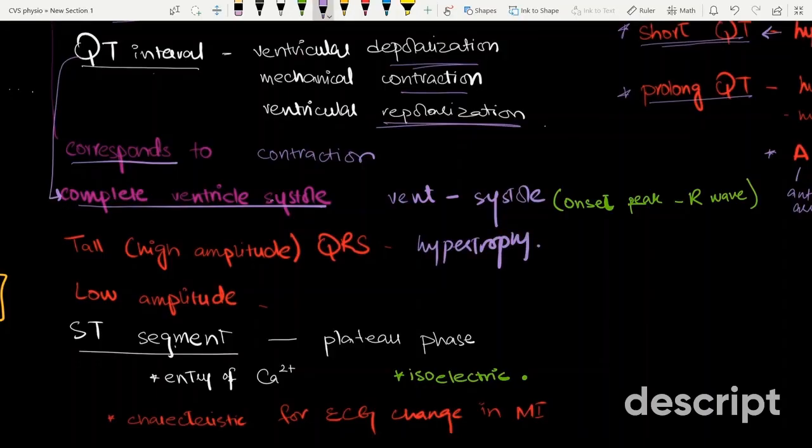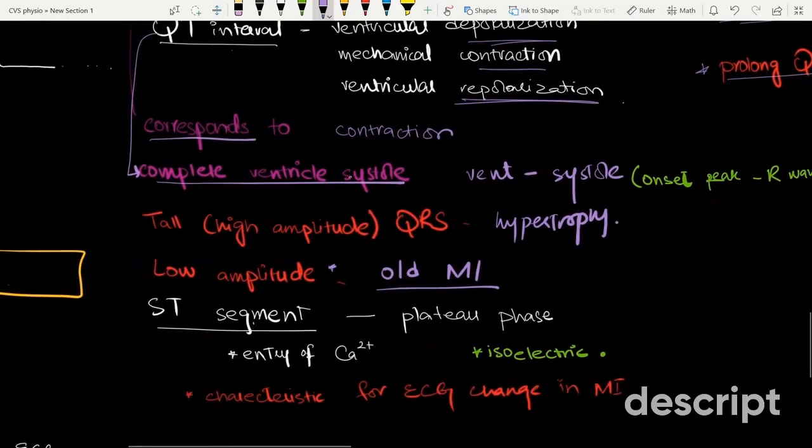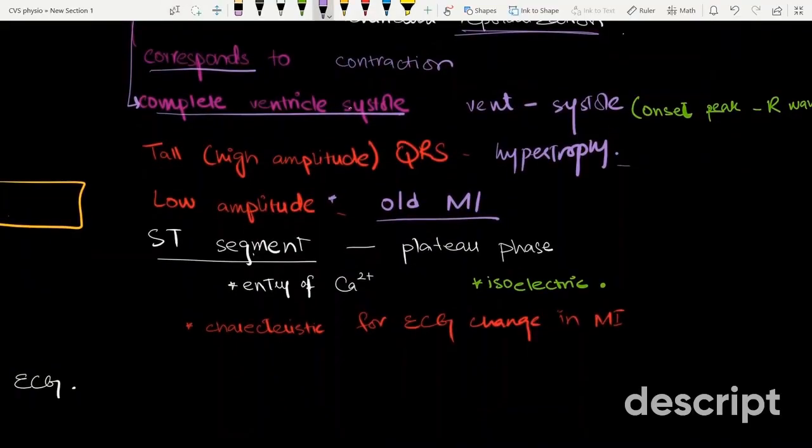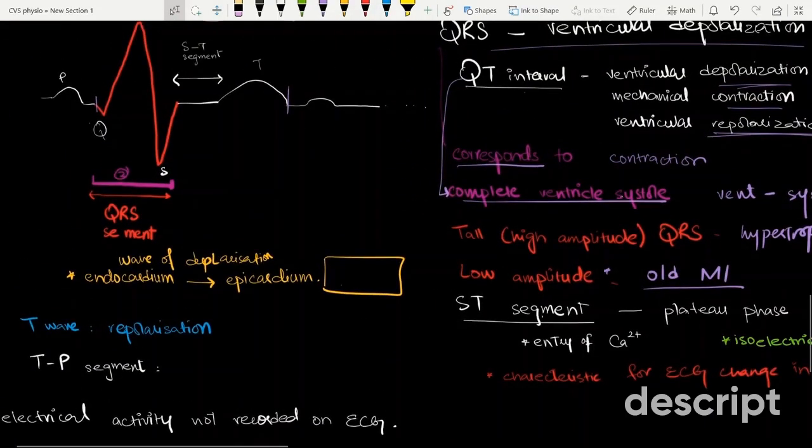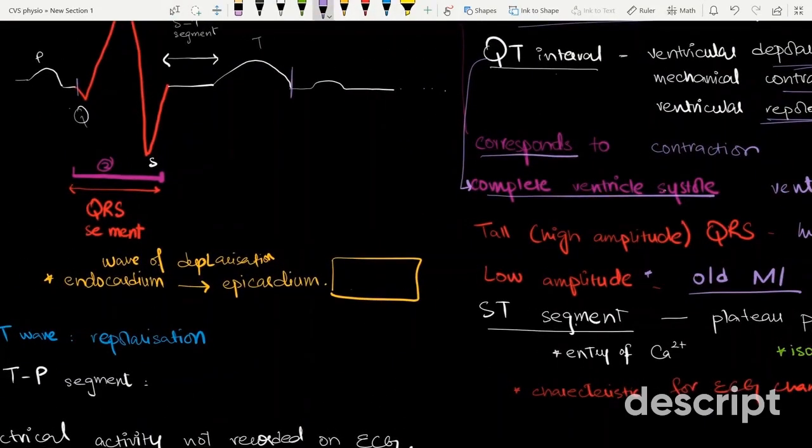Now, for low amplitude, obviously there will be less amount of muscle. So that is possible commonly when there is a history of MI. So an old MI will show a low amplitude QRS, whereas hypertrophy of the ventricle will show tall or high amplitude QRS.